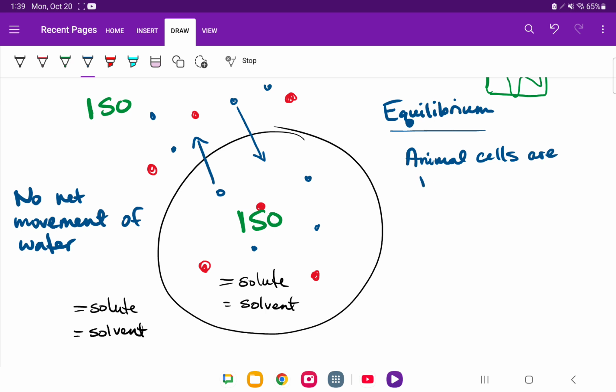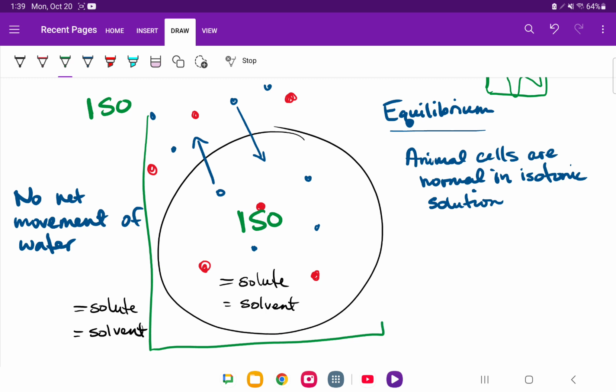They are normal in isotonic solutions. So for the vast majority of your cells, the solution concentration inside the cell is equal to the concentration outside the cell. You don't want the cells to lose water. You don't want the cells to gain water. This is the ideal or best condition for animal cells.